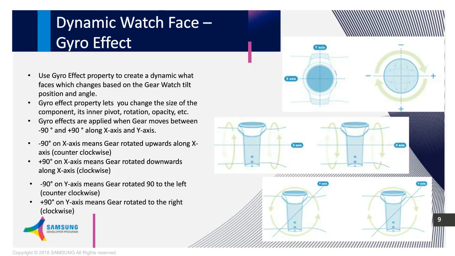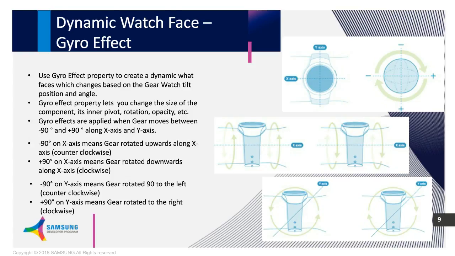You can also change the inner pivot, that is move the object to different positions based on the tilt of the gear watch, or you can also rotate the particular image based on the tilt, and you can also change the opacity. So there are a lot more features added, and which gives you more flexibility to create a very dynamic, functional, attractive watch face.